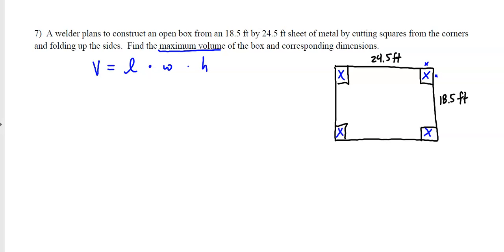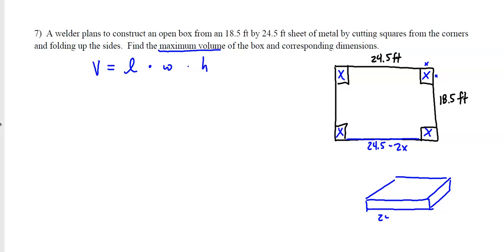So if we have this kind of 3D box, it's going to look something like that. And my length, my dimensions here in the front, well, that is going to be 24.5 minus those two x's that I cut out.